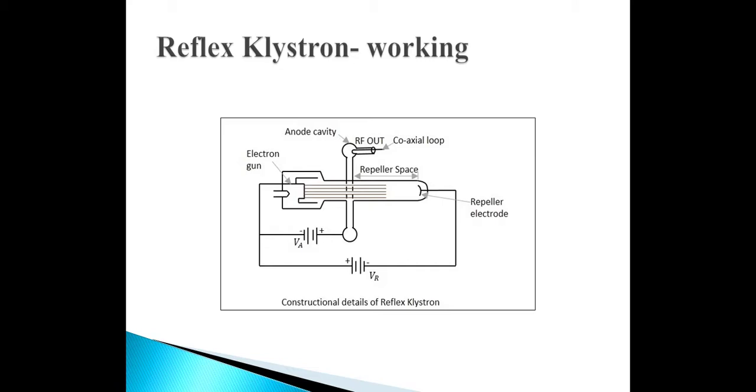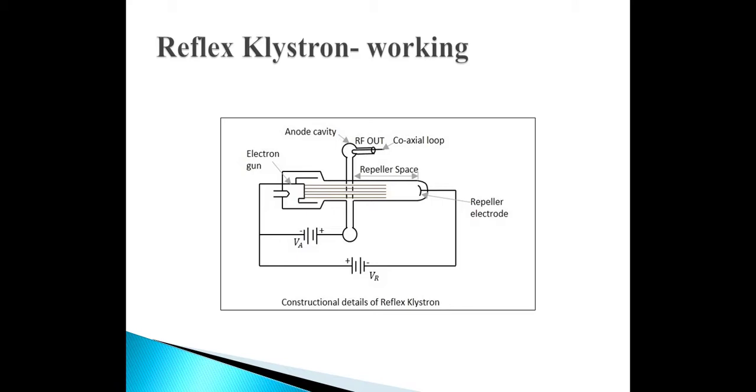This reflex klystron consists of an electron gun, a filament surrounded by cathode, and a focusing electrode at cathode potential. The electron beam is accelerated towards the anode cavity.